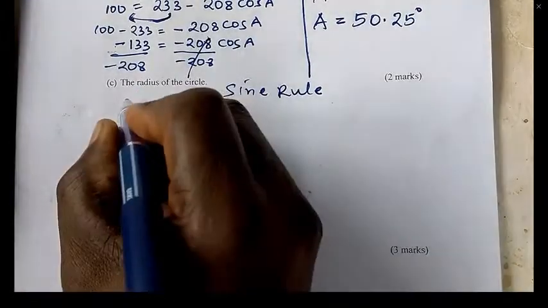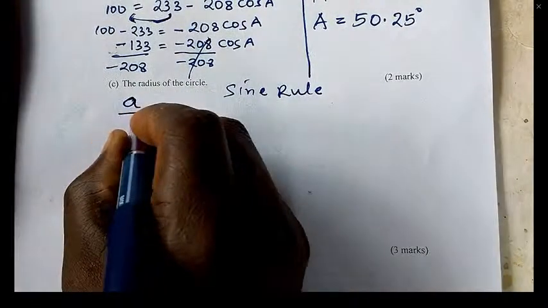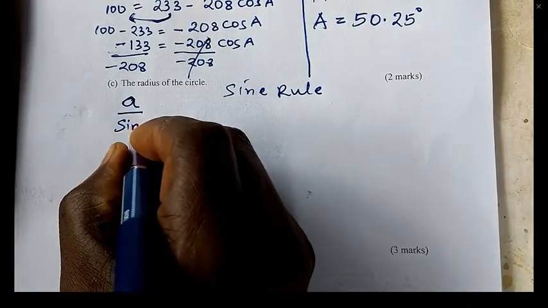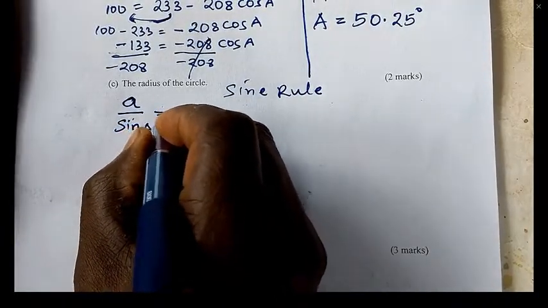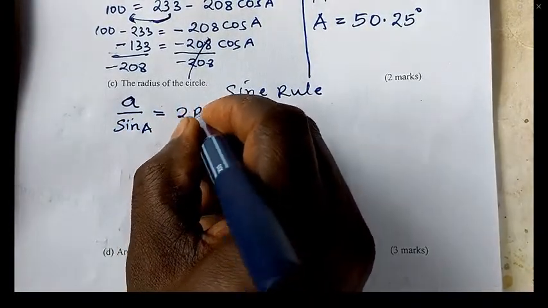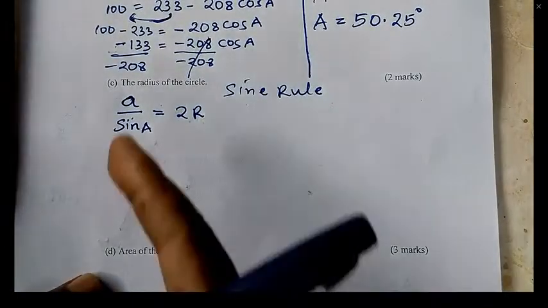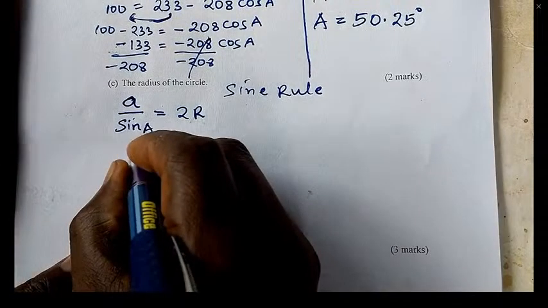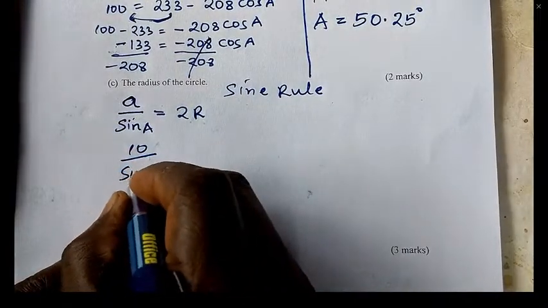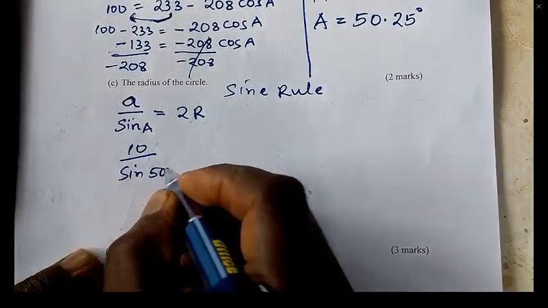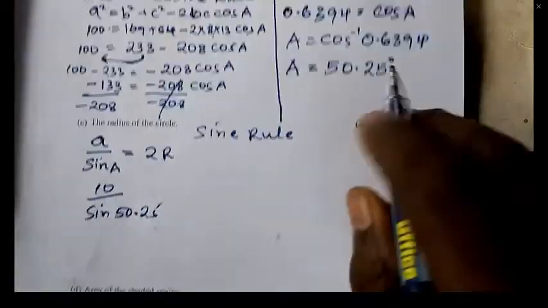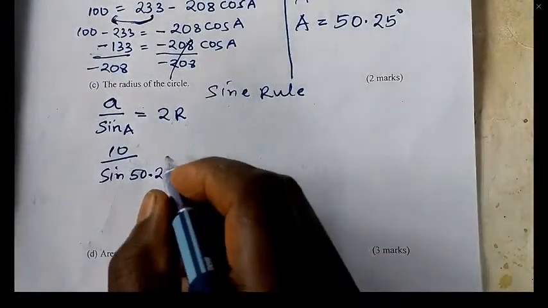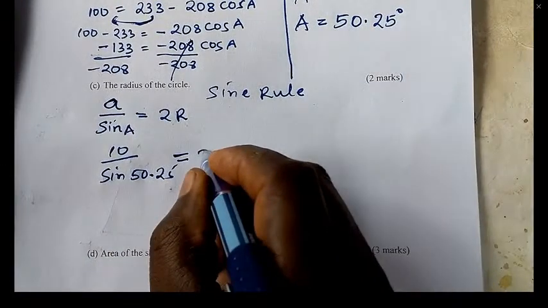We know that A, according to the sine rule, divided by sine A will be equal to 2r, to radius. Sine A over that, but we have A, our A is 10. Sine A, that is sine 50.25. We add our A here. And everything here is going to be 2r, right?